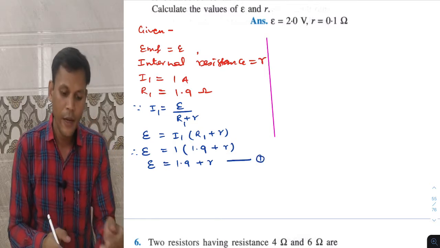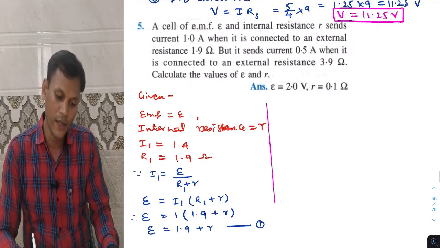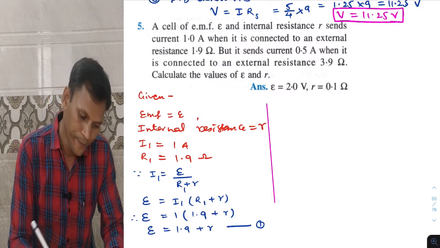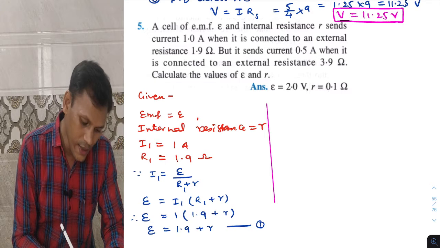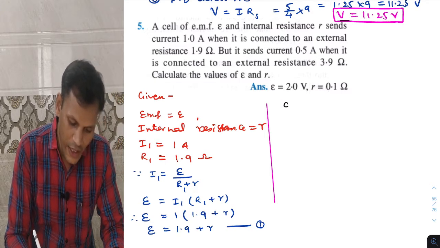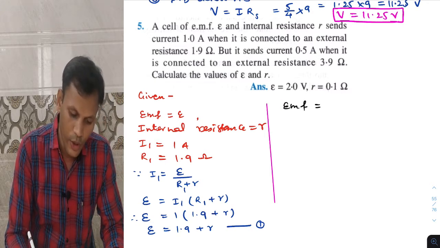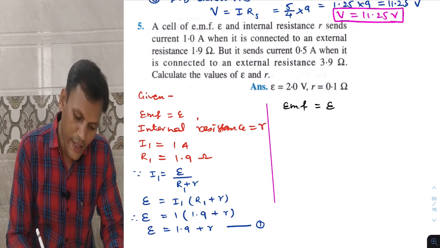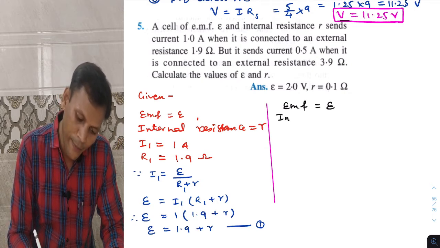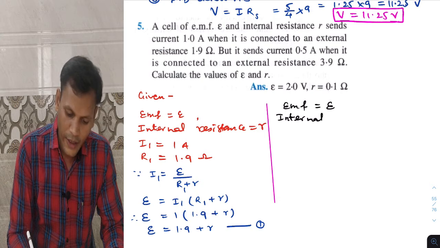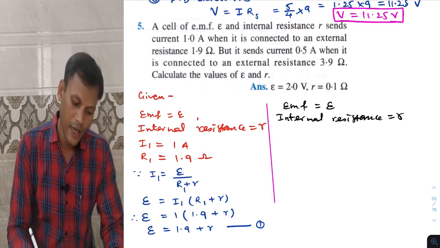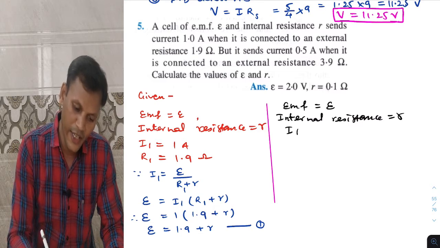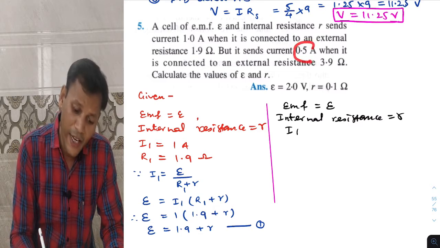Now in the same way we can proceed for the second part. What information is given to us? EMF is equal to E, internal resistance is the same, small r. Now the current drawn is 0.5 ampere.